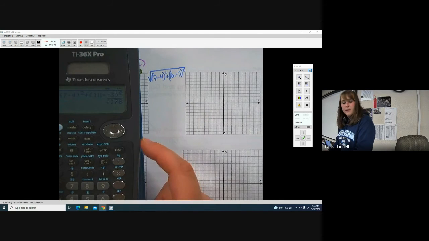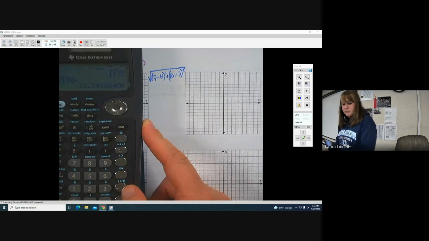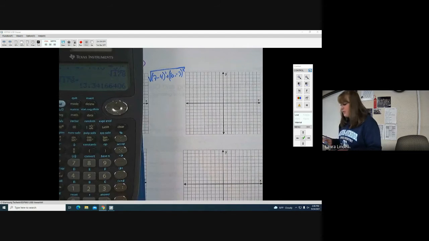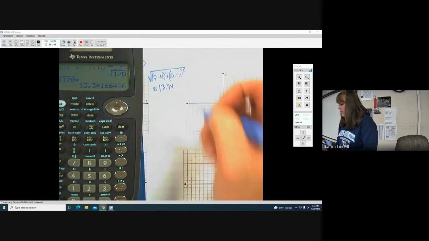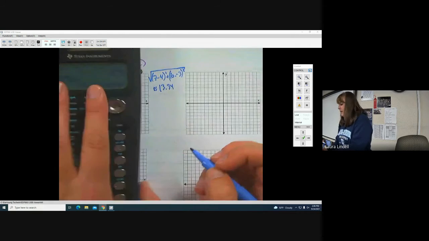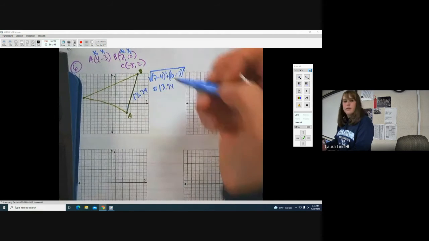If it gives you something like this with a square root on it, there should be a button above the equals sign that you can hit. That'll make it a decimal for you. So this is approximately 13.34 units for that side length, this one right here, AB.